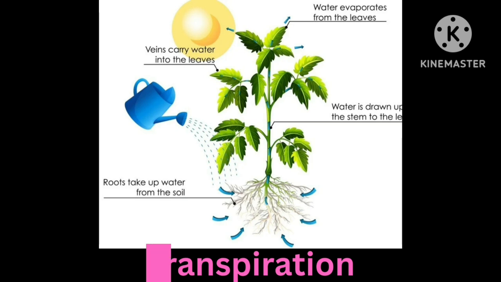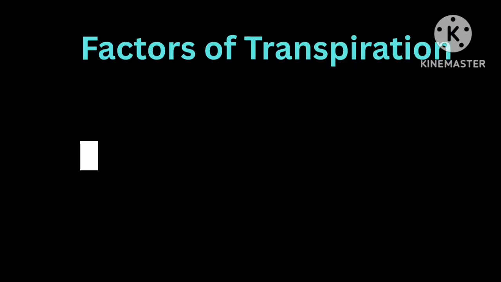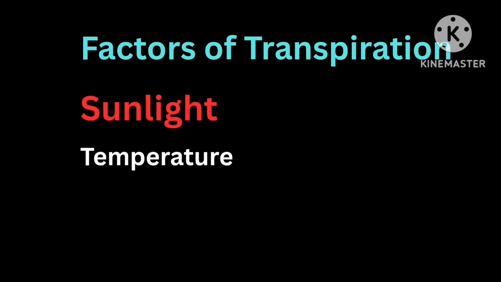What are the uses of transpiration and why does transpiration occur? We will discuss it now. Now the factors of transpiration. The first factor is sunlight. During the daytime, the rate of transpiration is faster. This is because the stomata remain open and allow the inward diffusion of carbon dioxide for photosynthesis.